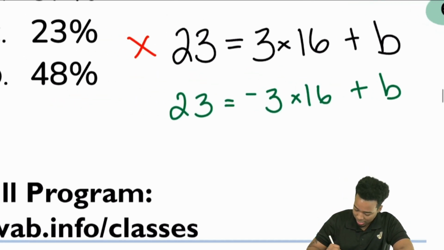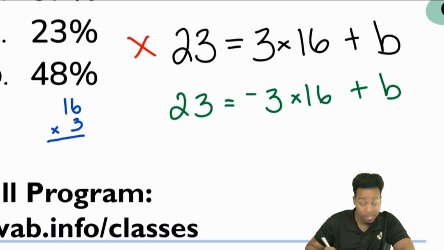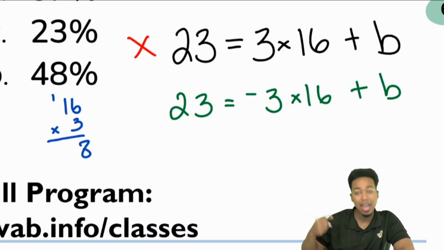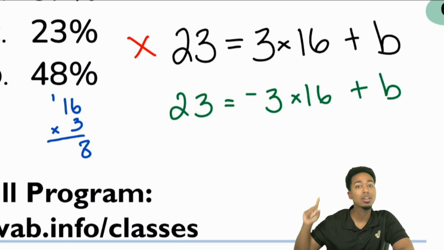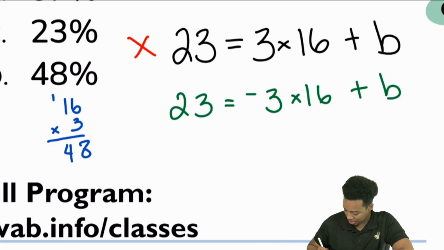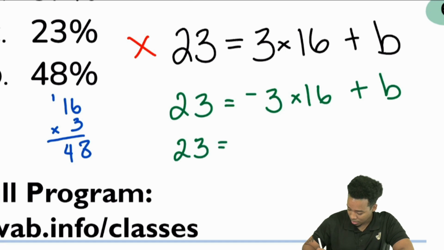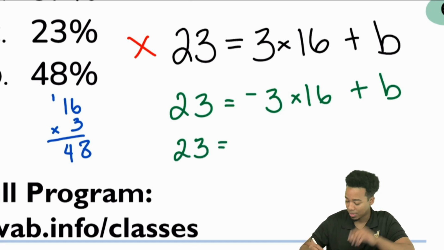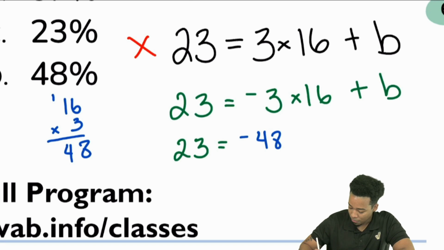So let me write that down on the side over here in blue. 16 times 3. 6 times 3 is going to be 18. And 1 times 3 is 3. Carry that 1. That'll give you 4. So 48. So we have 23 equals negative 48, because a negative times a positive is negative, 48 plus B.